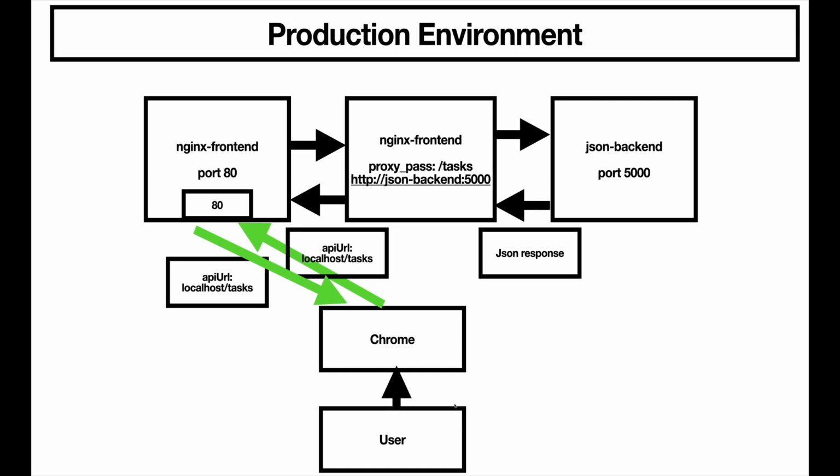So in this process, as you can see, there's no direct access from your user to the backend. In this way, the user doesn't know where the backend is, and there is no possible way for the user to access the backend directly.